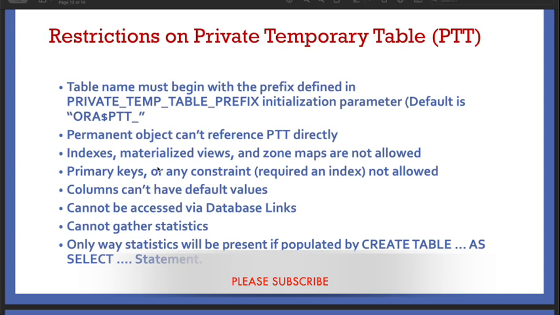Indexes, materialized views, and zone maps are not allowed on private temporary tables. Primary keys or any constraint that requires an index are not allowed on private temporary tables. Columns cannot have default values. Private temporary tables cannot be accessed via database links. You cannot gather statistics on a private temporary table.